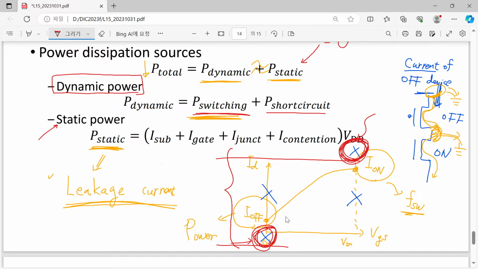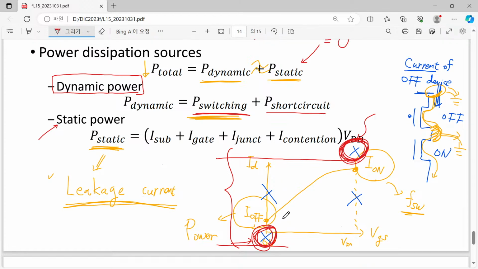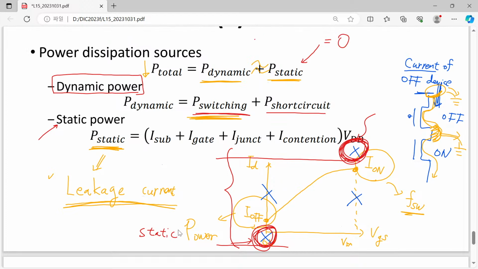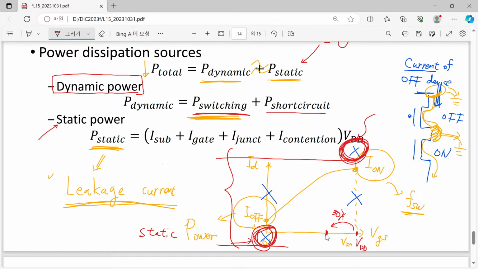And in order to reduce dynamic power, or switching power, what should we do? The thing we can do is change the VDD. Previously VDD was this one. However, as I told you before, if you reduce VDD by 30%, you will get a system that is twice as power efficient. So now you want to have this point.